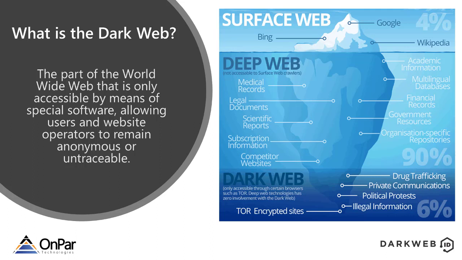You can access the surface web by going to any search engine web browser like Google Chrome, Internet Explorer, Firefox, whatever your given search engine of choice is, and you can search for sites, or you can type a site directly into the URL bar at the top of your screen. This is the internet that the average person uses, and from what we have discovered, it's actually a relatively small portion of the entire internet.